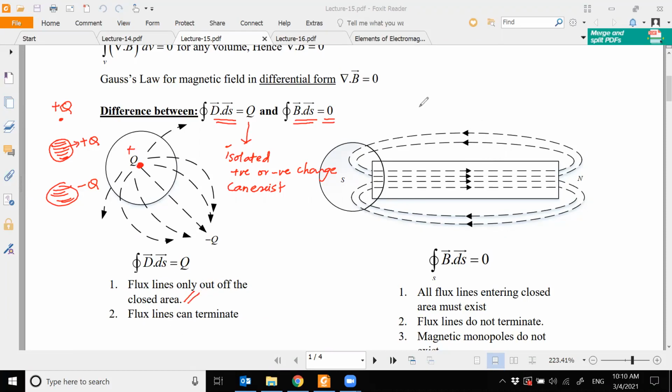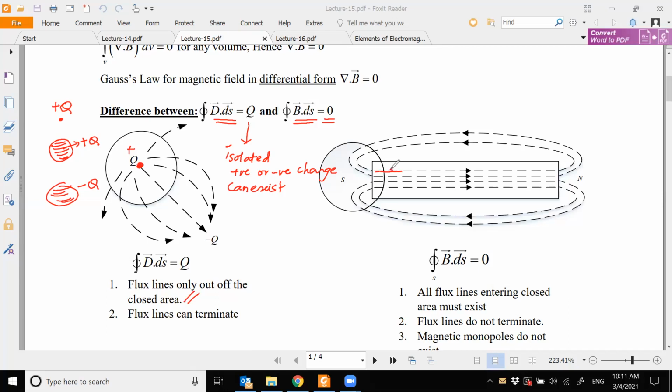Now let's look at magnetostatics. I am taking an example of a solenoid. So this is my solenoid, and I am looking at only one end of the solenoid. If I apply this closed surface at one end of the solenoid, what am I seeing?